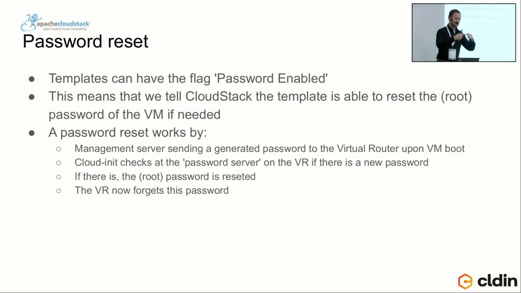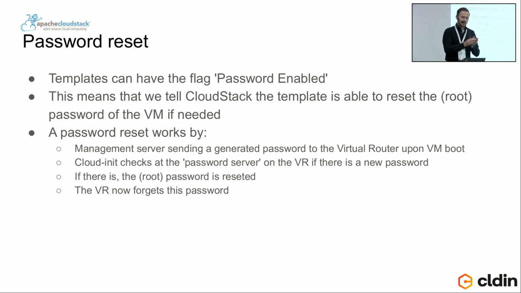So the password is stored on the VR, the VM boots, it fetches the password, and it resets the password. But if you then as an operator change the password of the VM again, and you reboot, the virtual machine will go to the virtual router: you have a password for me? No password. So the VM doesn't change its password because there's no password stored on the VR, only if the VR has a password present.